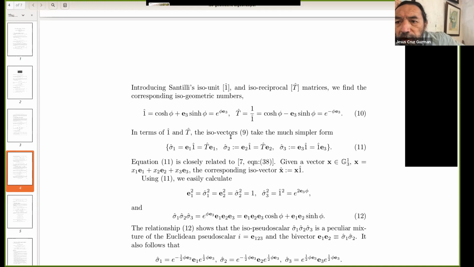Until here, we are only speaking about one subset of the G3 algebra. That's right. It's just another way of looking at the elements. It's a reinterpretation of the elements of the geometric algebra G3. Hopefully this geometric interpretation is significant. That's what Dr. Santilli and I wanted to pursue in a future paper, how this geometric interpretation impacts Dr. Santilli's theory.